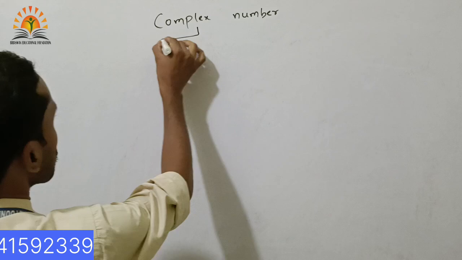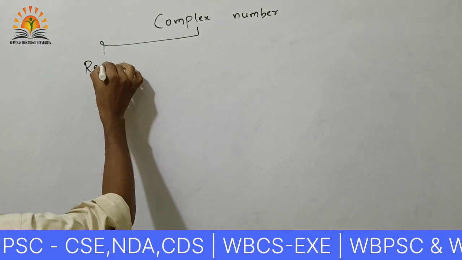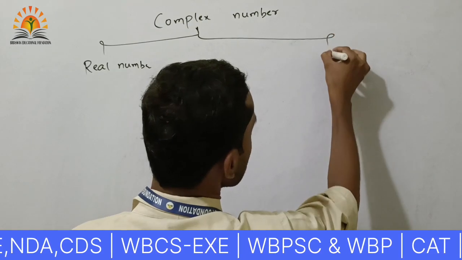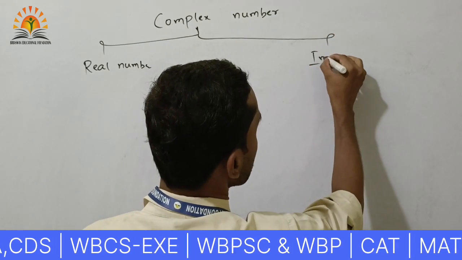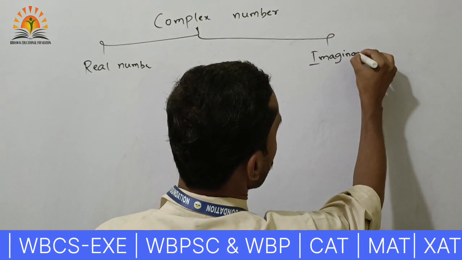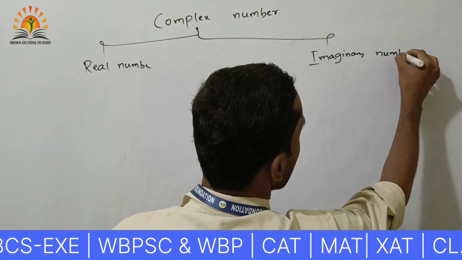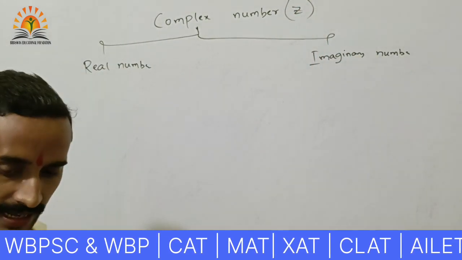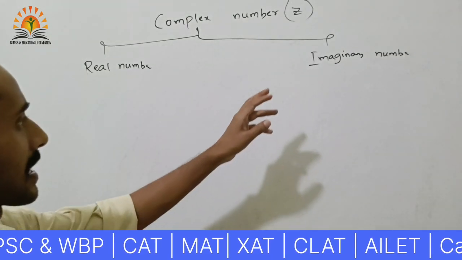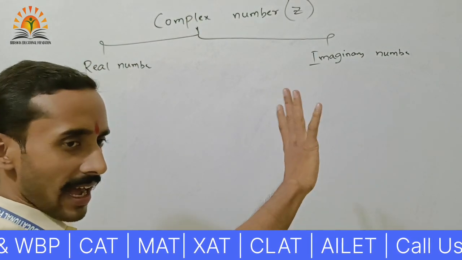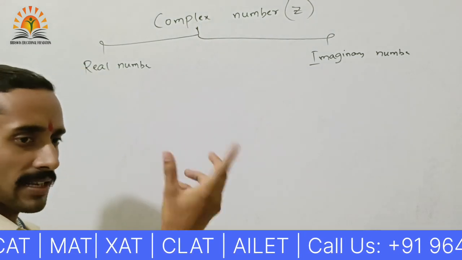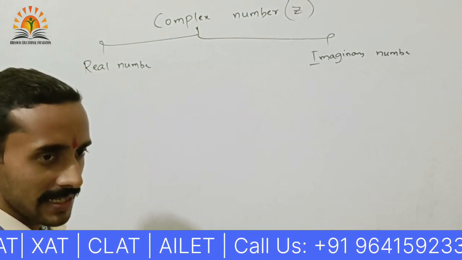So complex number is made up of two parts. The first part is real number, and the second part is imaginary number. We will generally denote complex number with J, and imaginary number with I, sometimes, but there is no particular identification of imaginary number.